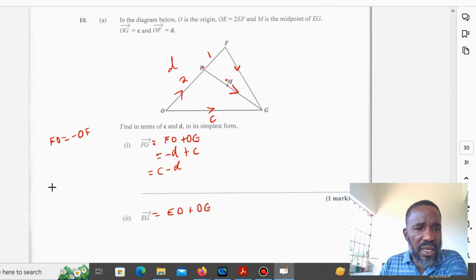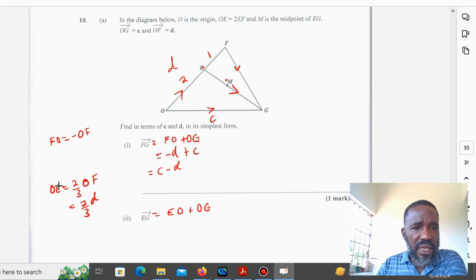But what do we know? We know that OE is equal to 2/3 of OF, right? So if it's equal to 2/3 of OF, it's equal to 2/3 of D. But remember now, EO is actually equal to negative OE, right?